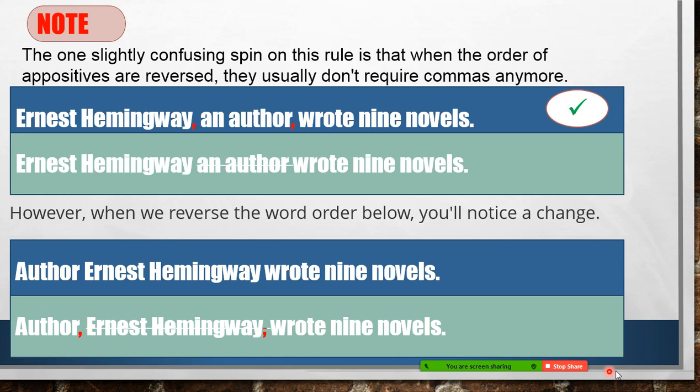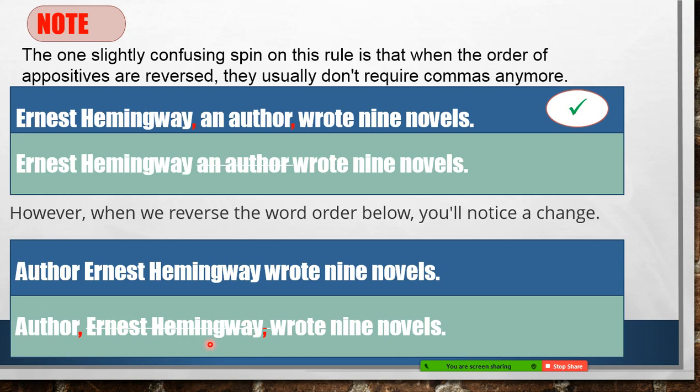Can I put it? This means that they are non-essential. They are appositive. Now read what is left. Erase Ernest Hemingway and read what is left. Author wrote 9 novels.